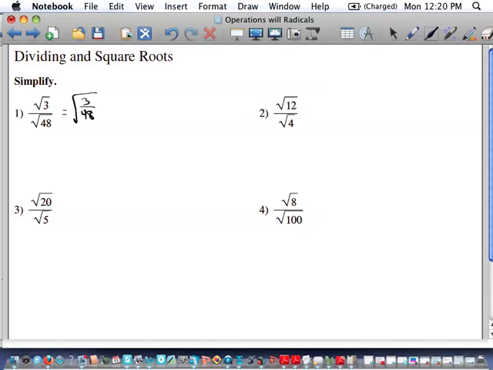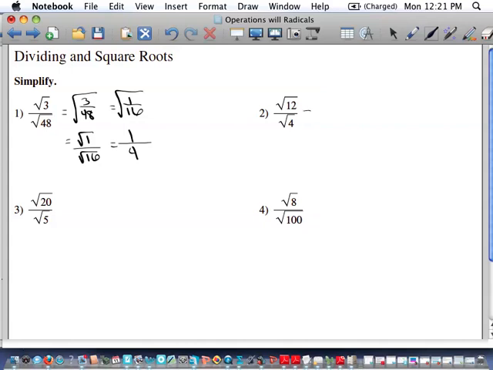You would get that this is equal to the square root of 1 over the square root of 16, because this is 1 over 16. So then the square root of 1 is 1, square root of 16 is 4. So simplified form for the square root of 3 over the square root of 48 is 1/4.